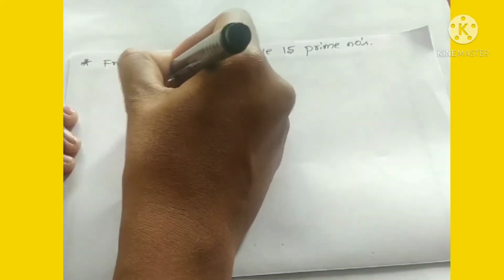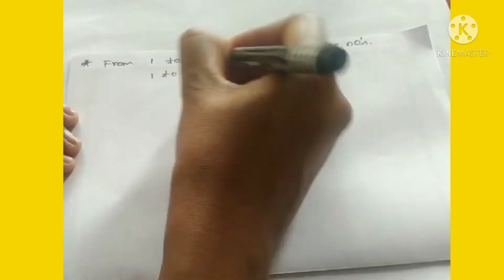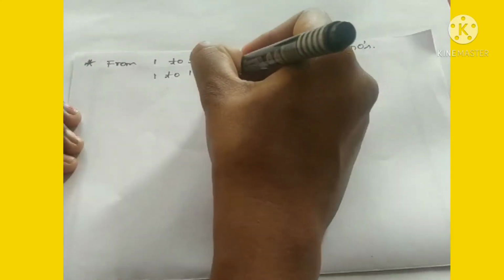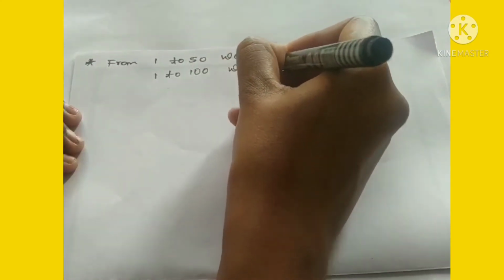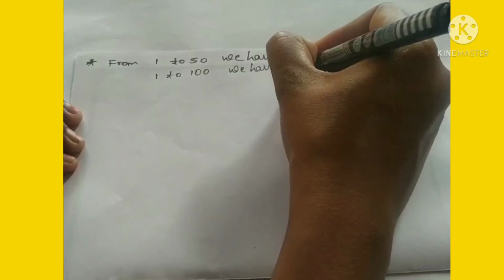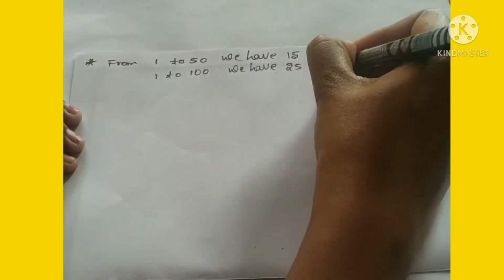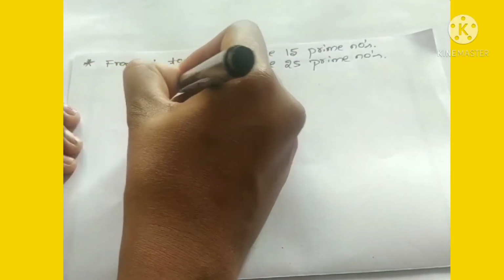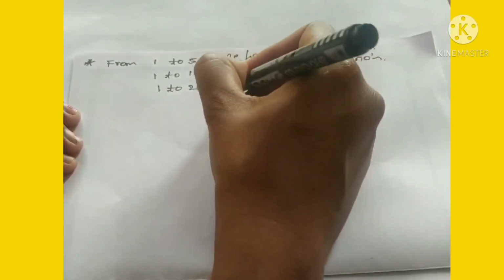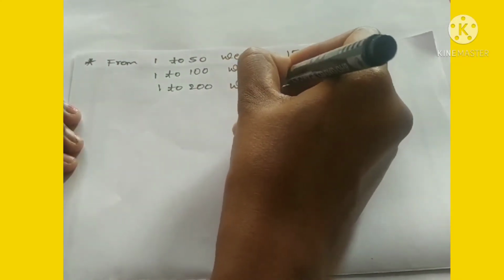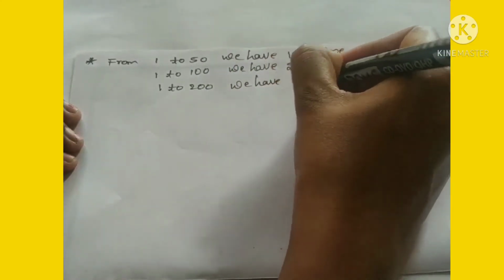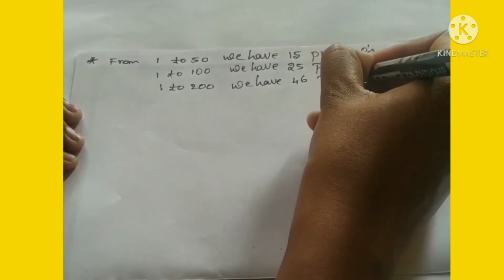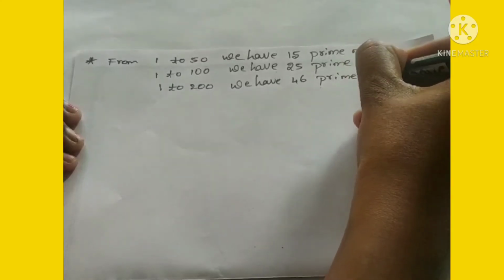From 1 to 100 we have 25 prime numbers. From 1 to 200 we have 46 prime numbers.